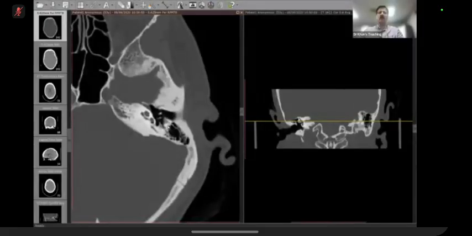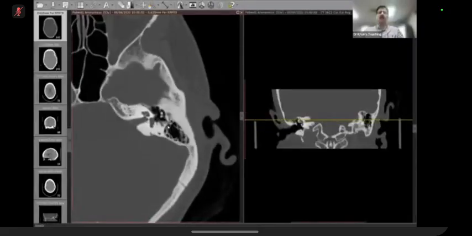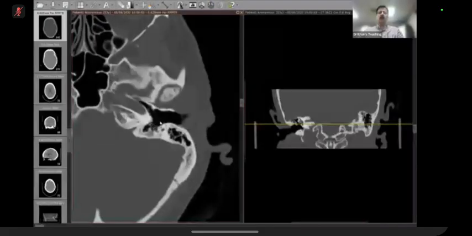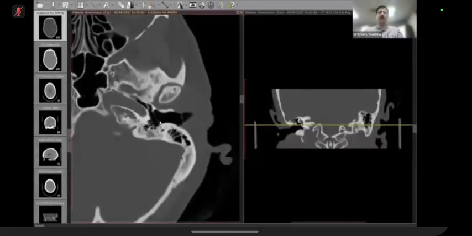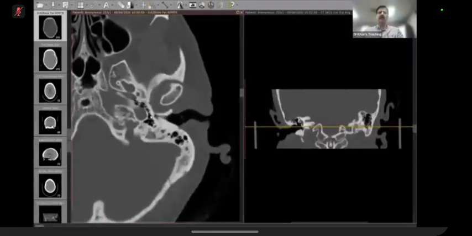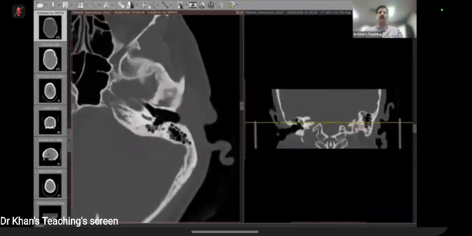You can see the external auditory canal. As I go further inferiorly, I am going into other structures. Here, one area of interest is inferiorly. This is the jugular foramen.